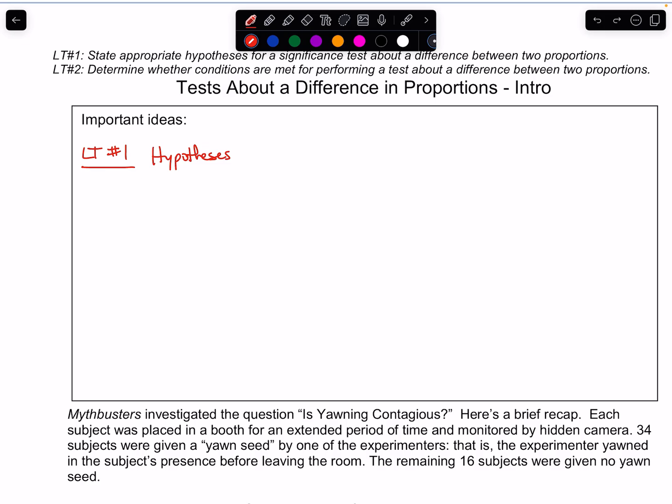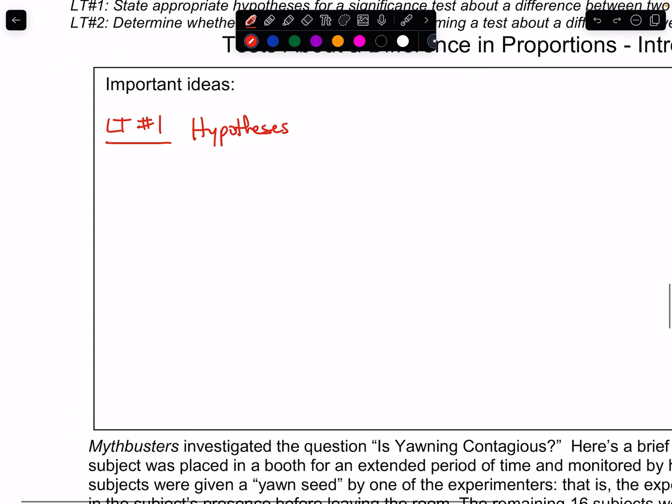So when we have a difference in proportions, our null hypothesis is going to be that P1 minus P2 is 0, right? There is no difference. P1 and P2 are the same.